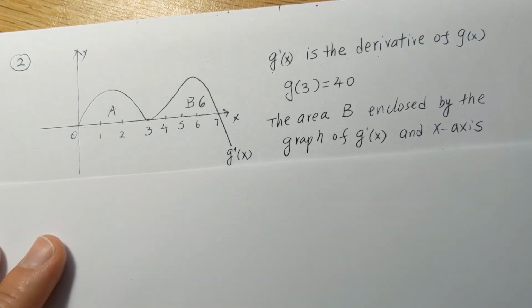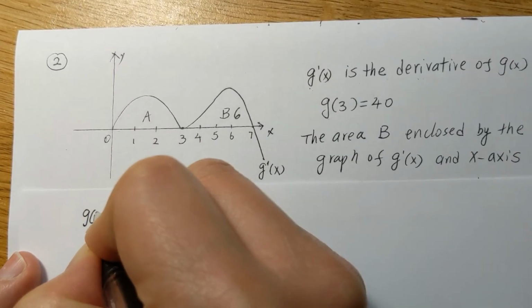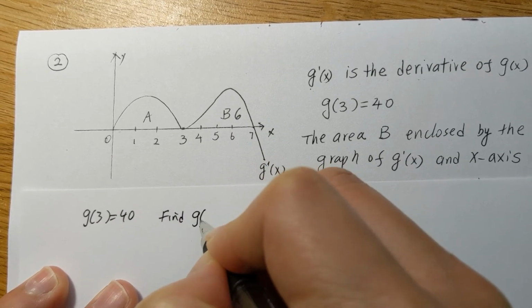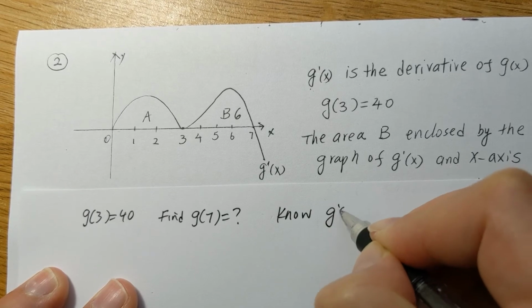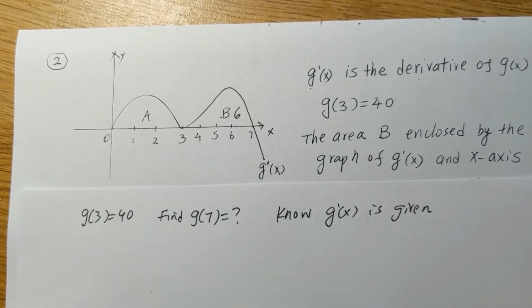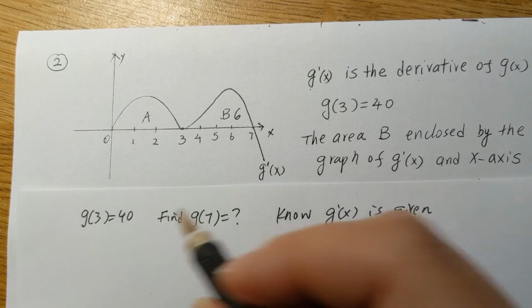Based on the question, we know that g of 3 equals 40, and we have to find g of 7. We know g prime of x is given, so definitely you cannot find the equation of g prime of x. That's not enough information. But we can use the FTC.